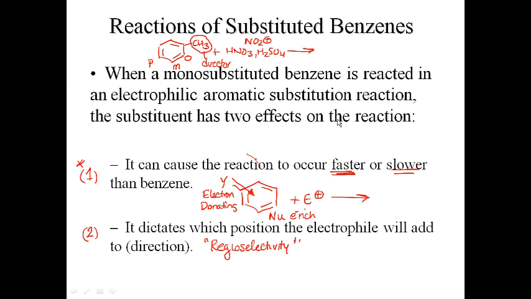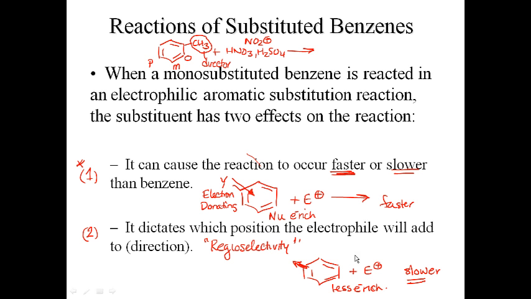Well, just the opposite can occur. What if I take my benzene ring and I'm reacting it with my electrophile and I attach a group that sucks electron density out of the ring and makes the ring less electron rich? What will happen to this reaction? Well, if I've got a weaker nucleophile, this is going to slow down the reaction. So the reaction is going to go slower. Up here, by pushing electron density in, the reaction goes faster.